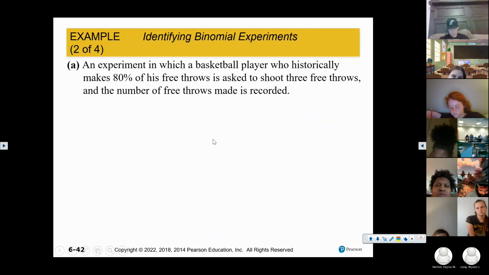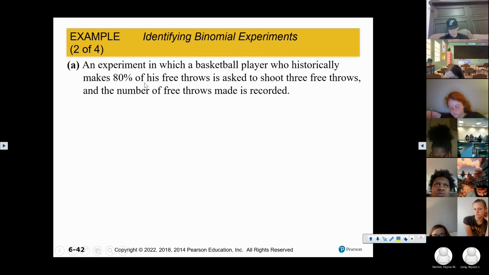Okay, here's one. An experiment in which a basketball player who historically makes 80% of his free throws is asked to shoot 3 free throws, and the number of free throws made is recorded.